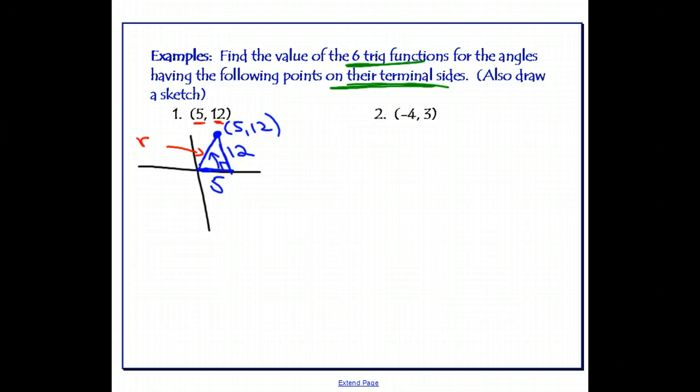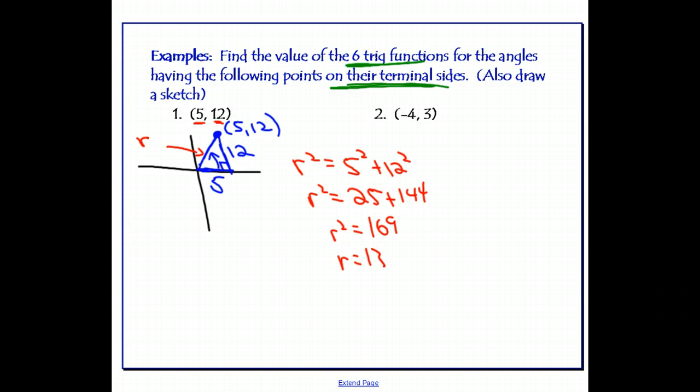Again, it's the Pythagorean theorem. r squared equals 5 squared plus 12 squared. r squared equals 25 plus 144. r squared equals 169, and this one works out nicely. The square root of 169 is 13.